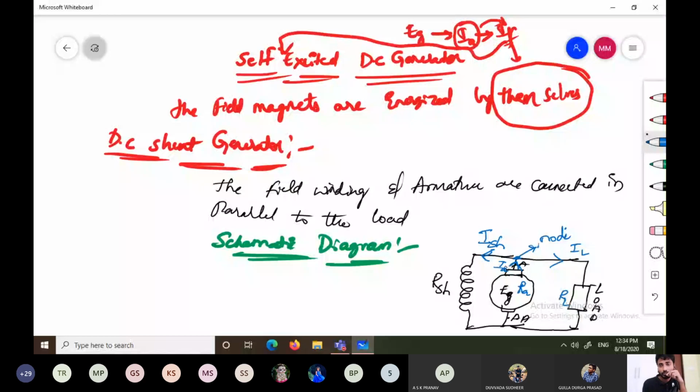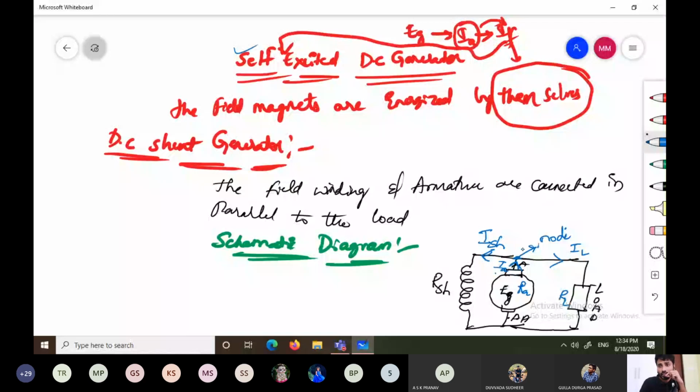So that means this armature current is able to supply this field current. That's why it comes under self-excited DC generator. That means this armature current alone is capable of delivering the field current. Then the type of generator is called a self-excited DC generator. So the shunt generator also comes under self-excited DC generator.